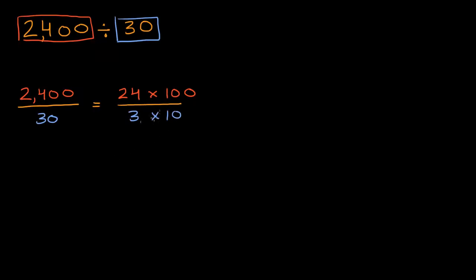What's valuable about thinking of it this way is you can separately divide the 24 by the 3 and then the 100 by the 10. So we have 24 divided by 3 times 100 divided by 10.